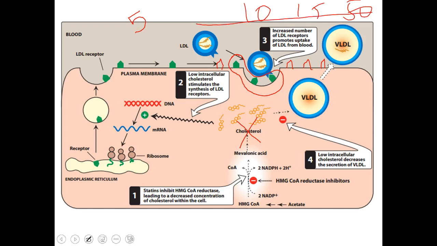So, by increasing the number of LDL receptors, more LDL from the blood will be degraded, and that will try to compensate for the cholesterol that is inhibited by statins.